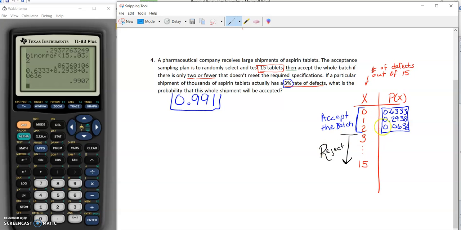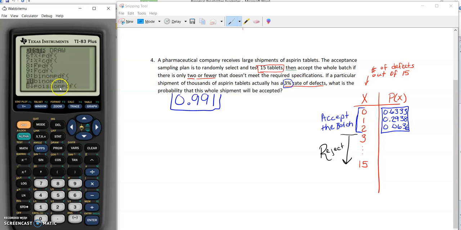So the shortcut that I wanted to show you is Binomcdf. What Binomcdf does, the P in PDF is for probability distribution function. CDF is for cumulative distribution function. Cumulative, think about our cumulative frequency distributions from chapter 1.